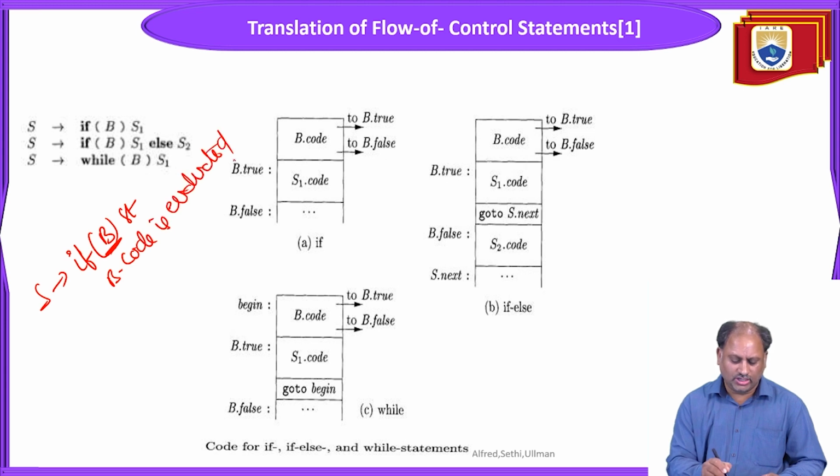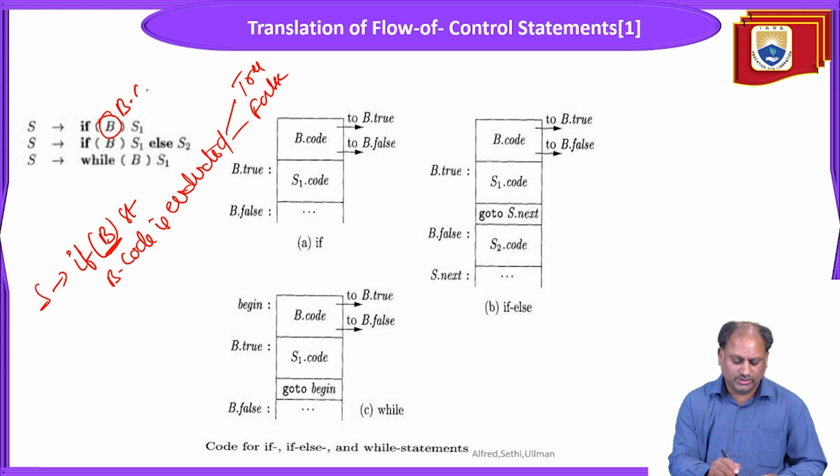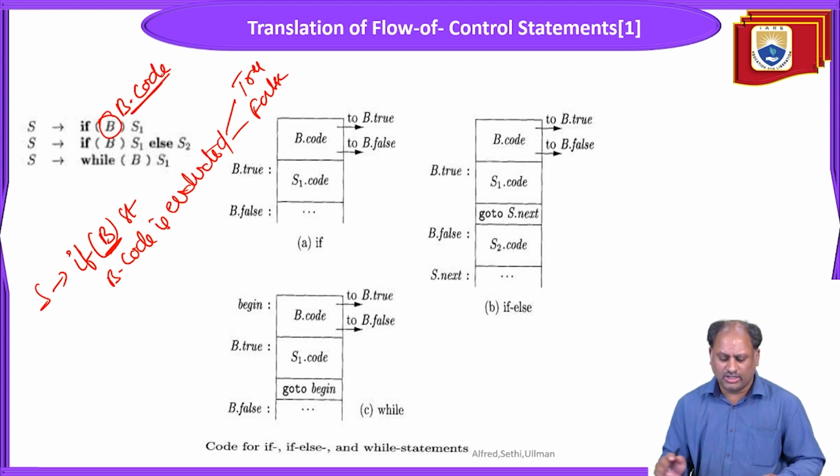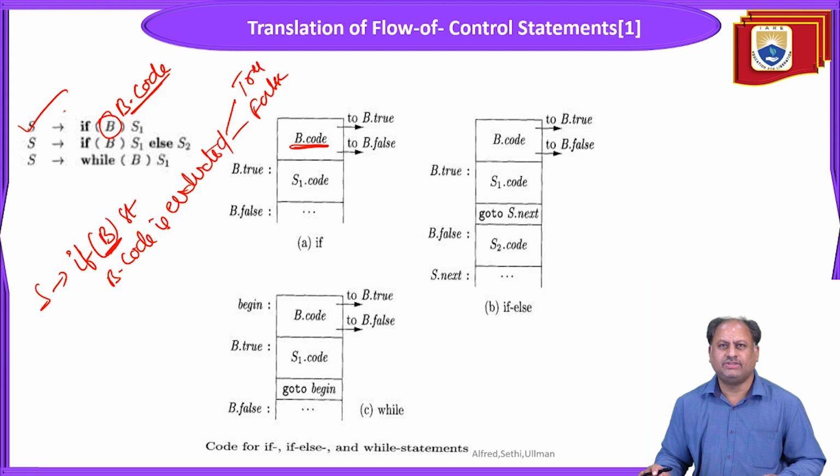It may be evaluated to true, or it may result in false. So two cases may arise. That's why this B dot code, the Boolean expression code, has to be evaluated first, initially, for the first statement. S derives if B S1.